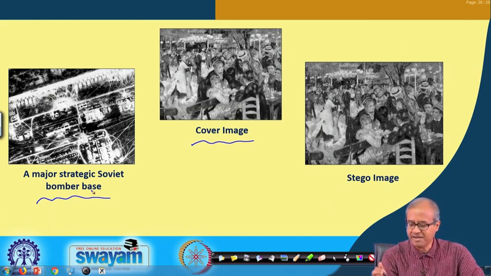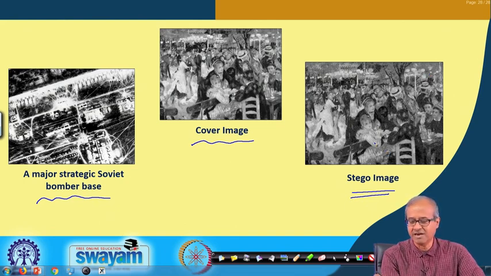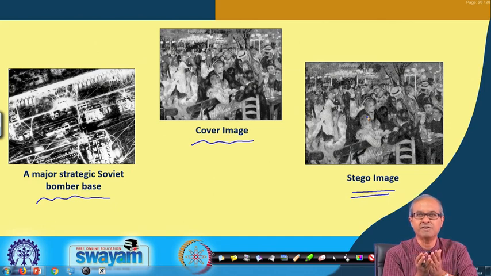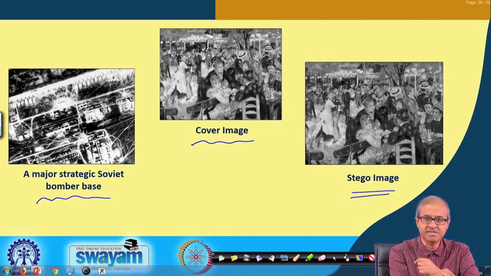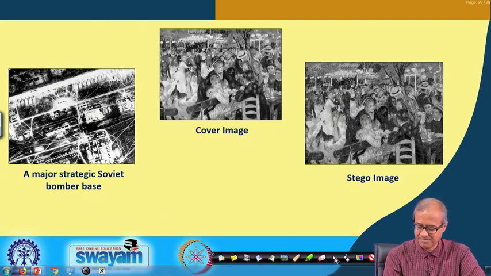After hiding, you see the stego image looks like this. You do not see much difference; you can still identify the picture. Maybe you will feel the picture is a little degraded, but fine. You can identify the image, but you will not understand that such critical information is hidden inside it. Okay? These are some examples.